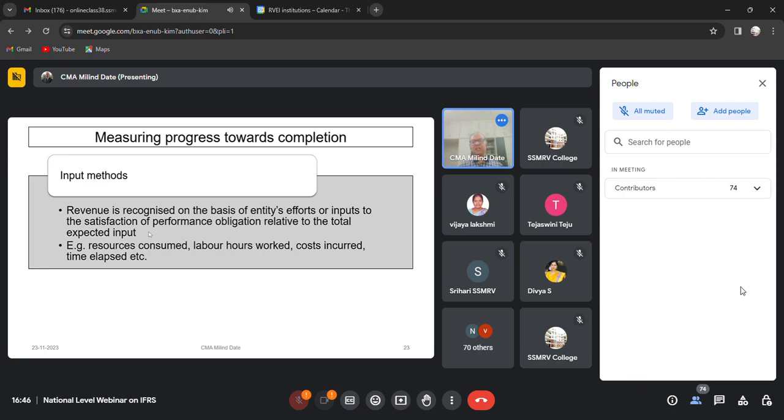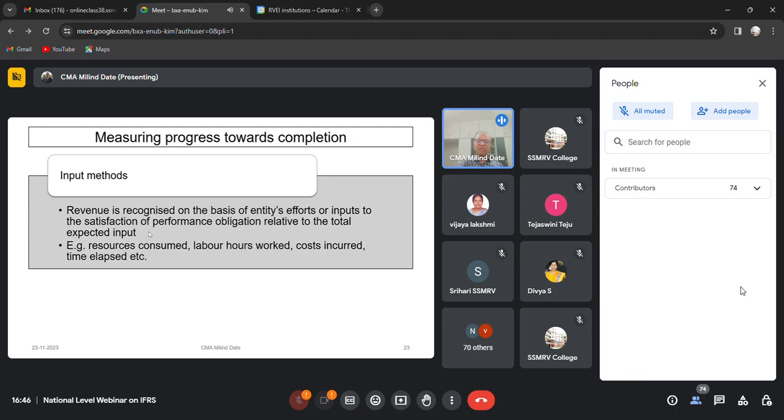Costs incurred. The agreed contract price between the two parties is, let us say, 100, and the cost of completion of the contract is 80, and you have spent 10 out of that. So cost incurred as a percentage of total estimated cost, 10 divided by 80, is 1/8. So 1/8 of the contract price, 1/8 of 100, can be recognized as revenue.